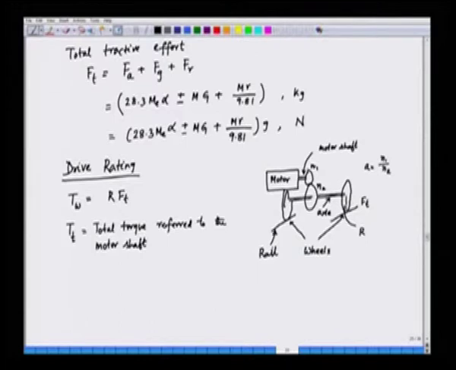So, when we try to transfer the torque to the motor shaft, we have to take into account the transmission efficiency. The efficiency of transmission is eta, and then we have the gear ratio. So, we have a into r into Ft divided by eta. We can call this eta t to signify the transmission efficiency. This is in Newton meter.